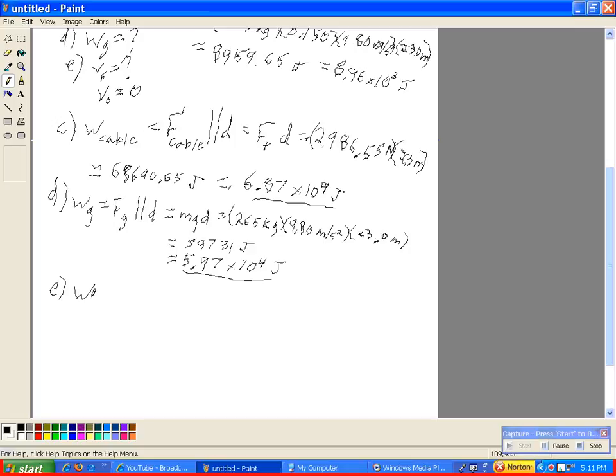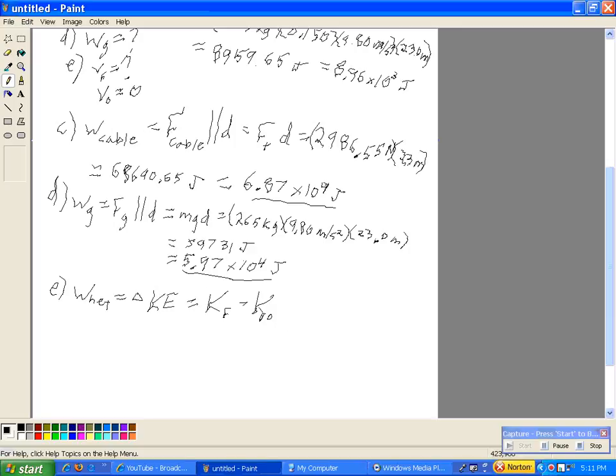By looking at the net work done, which will give us the change in the kinetic energy, that is K final, the final kinetic energy minus the initial kinetic energy.